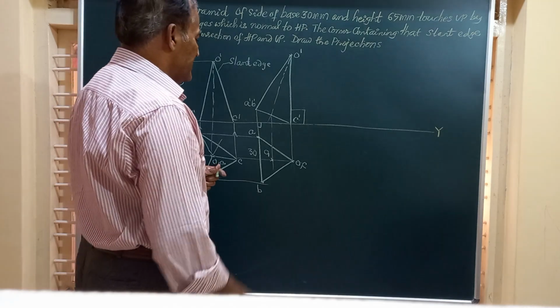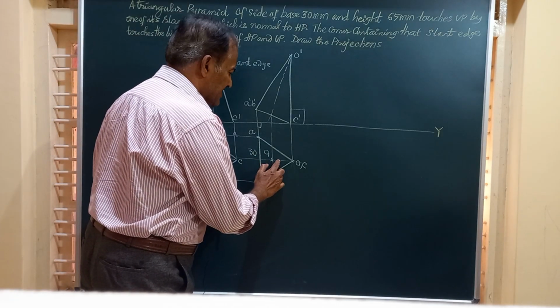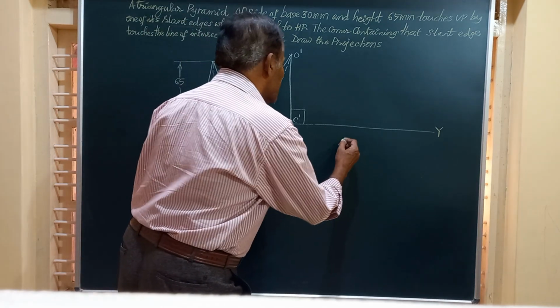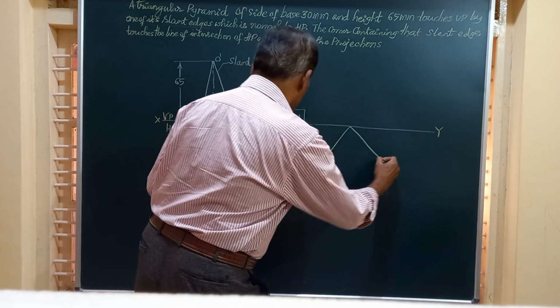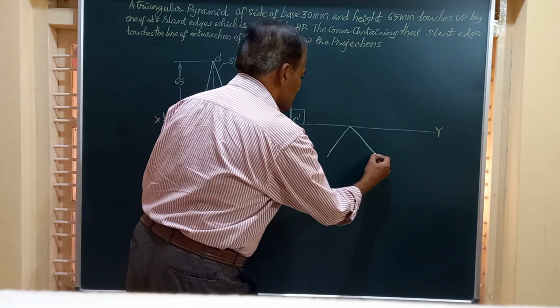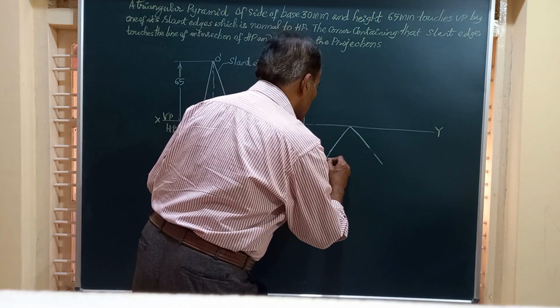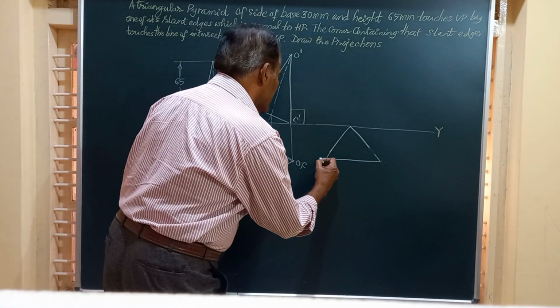That is to say, friends, we have to redraw this figure such that this OC touches XY. So I will redraw this figure, friends, to the same dimension, whatever you have got here. This is our final top view, that is AB, we can say.